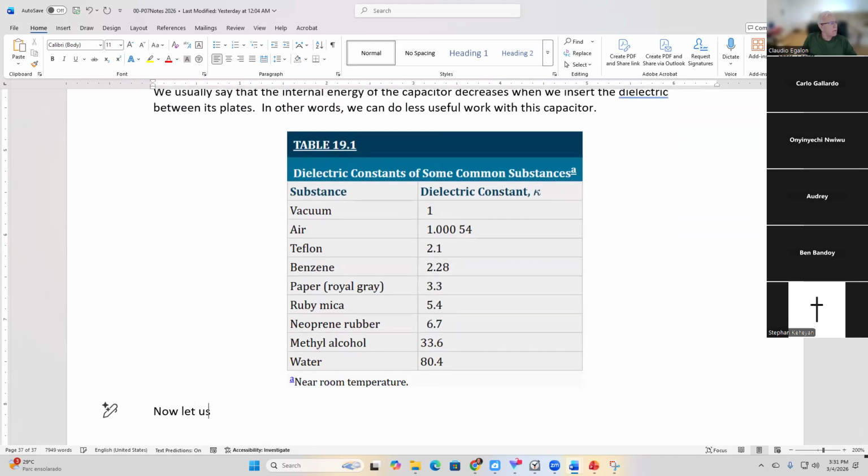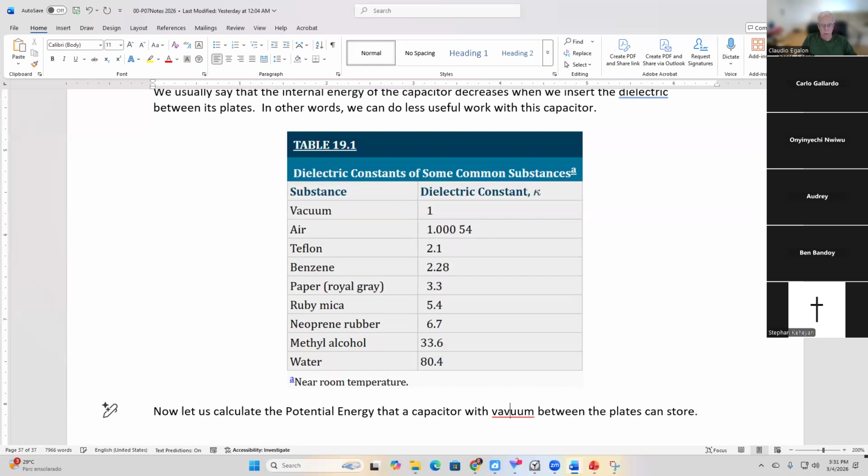Now, let us calculate the potential energy that a capacitor with vacuum between the plates can store, right?